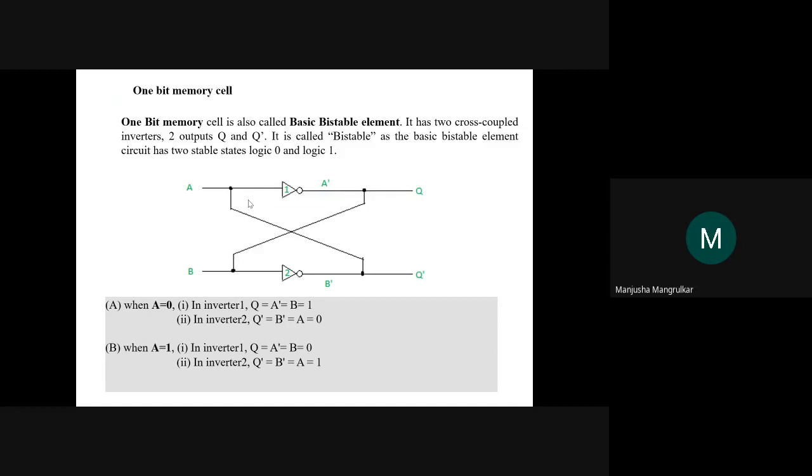So when A is equal to 1, Q is equal to 0 and Q complement is equal to 1, and it will remain so until A changes. If you are not changing the value of A, it will be a stable state, Q equal to 0 and Q complement equal to 1. So that is called the basic stable element, right? So this is your basic latch, right?